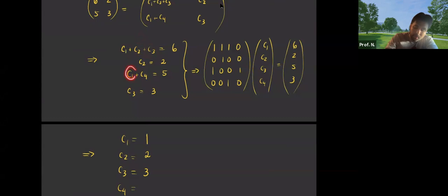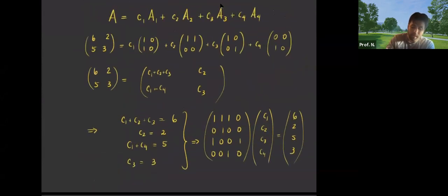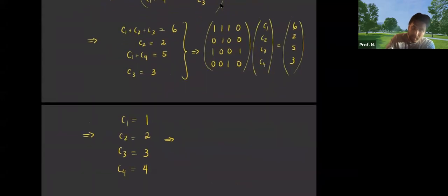And then if C1 is 1, then C4 has to be 4. Oh, that's pretty nice. So the coordinate vector of the matrix A that we started with, relative to the new basis B, is simply 1, 2, 3, 4.